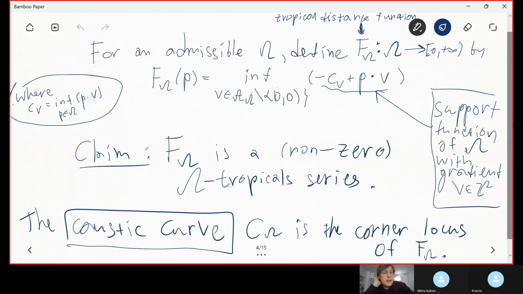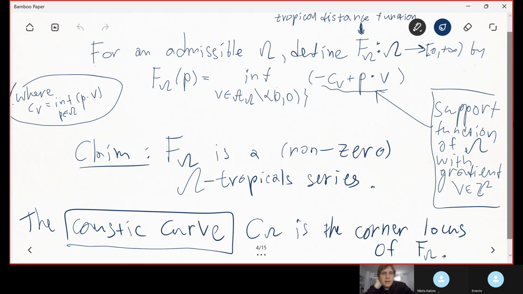So that's actually how we prove the thing we introduce for an admissible domain, a particular and in a sense best tropical series, which is just an infimum of all support functions of this domain.